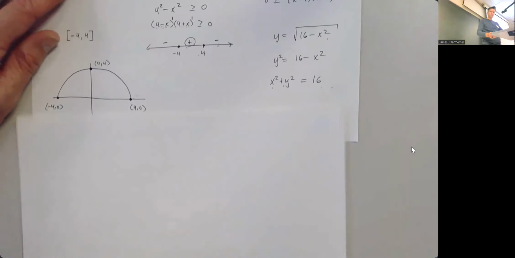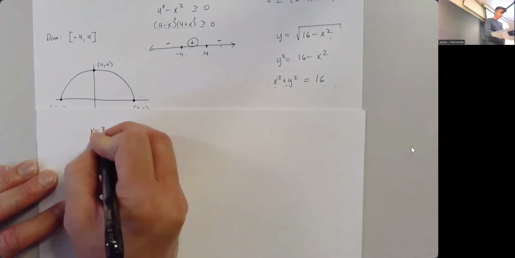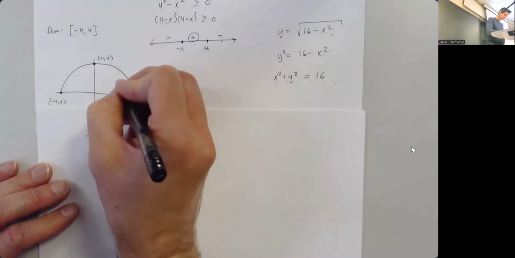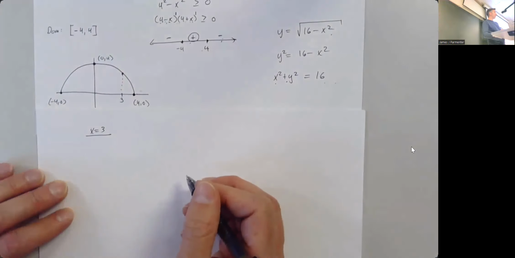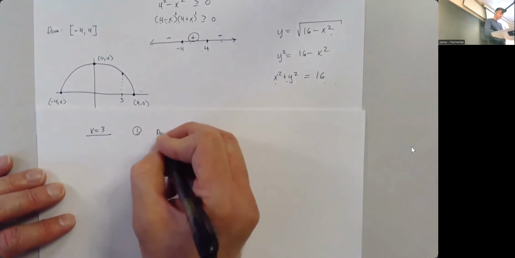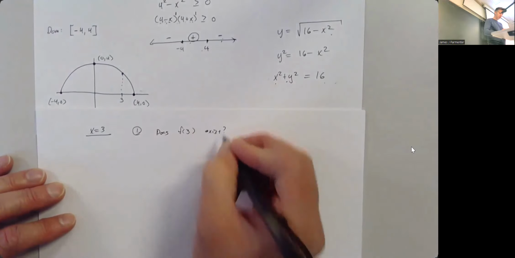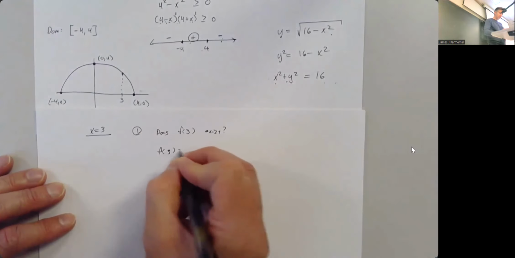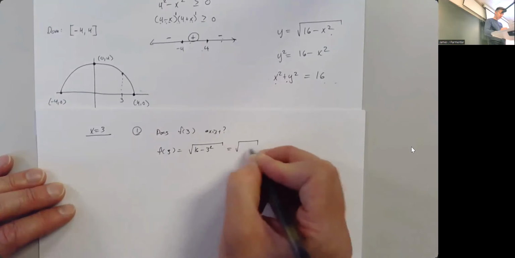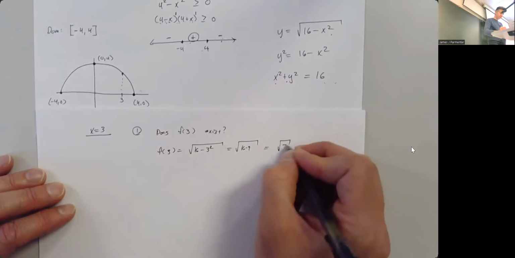So sure. So let's look at x equal to 3, which is right there. So does f of 3 exist? Of course it does. f of 3 is going to be the square root of 16 minus 3 squared, which is the square root of 16 minus 9, which is the square root of 7.